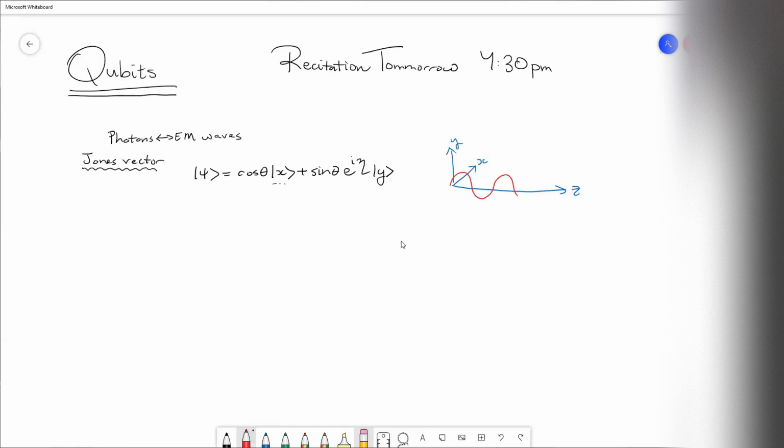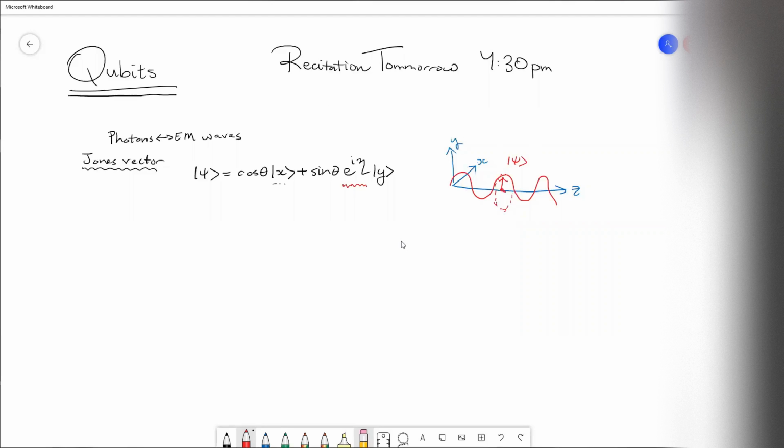You got some electromagnetic wave. And this is the polarization vector. And it's generally described by this complex Jones vector, which includes a possible complex or imaginary phase piece, which allows for circular polarization, where the polarization vector can rotate around.